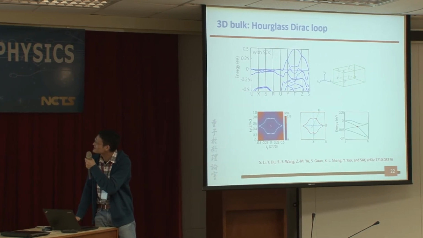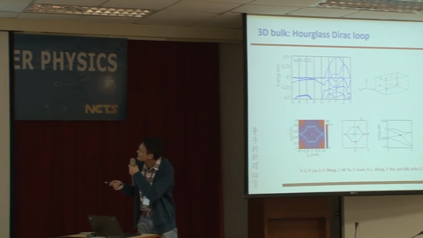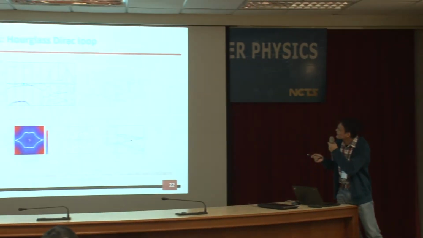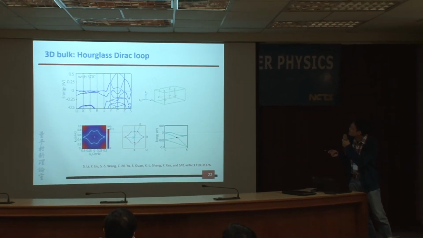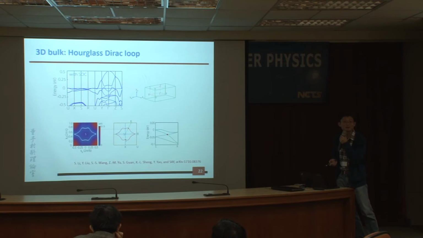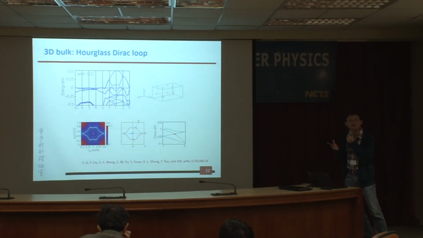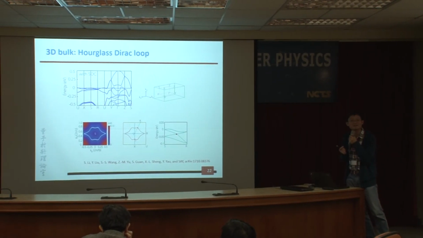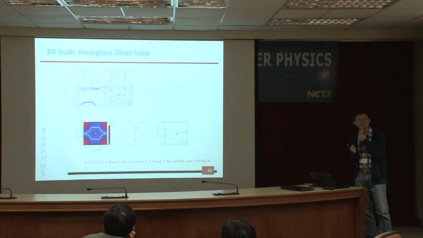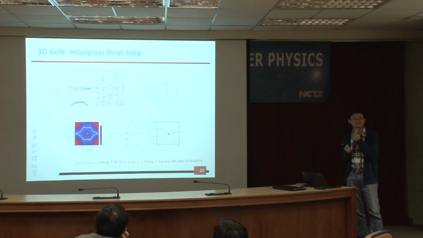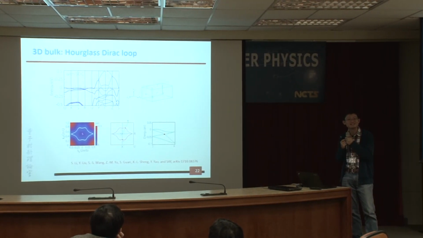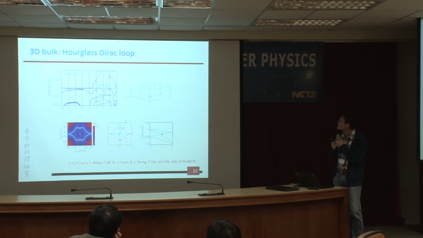There are many bands crossing. If the contribution begins from this topological band crossing, then there may be some connection between the two. But so far, I cannot give a definite answer. Okay, because I see at the gamma point there are some bands there.